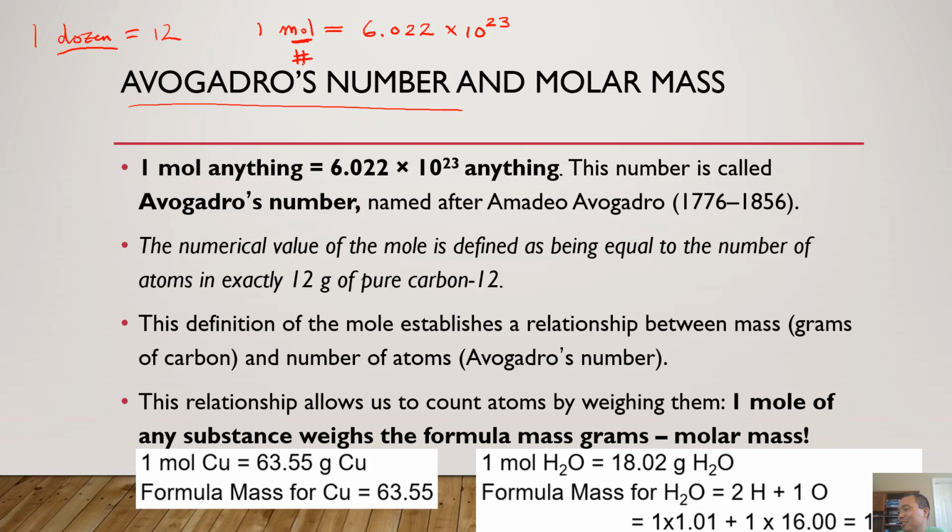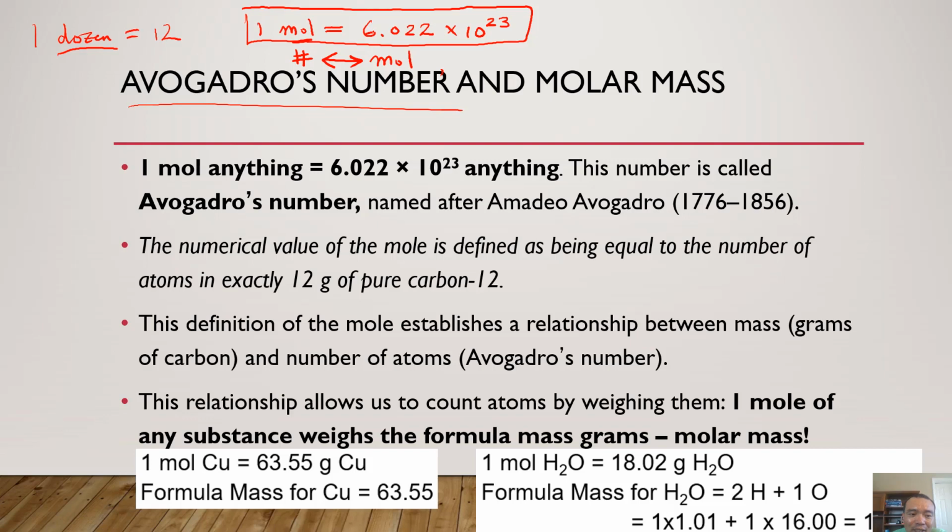I'm going to use hashtag to represent a number. So if you want to convert a number to a unit, hashtag is the number. If you want to convert to mole, you use the mole definition, which is 1 mole is 6.022 times 10 raised to 23. What if you want to convert backward, mole to number?